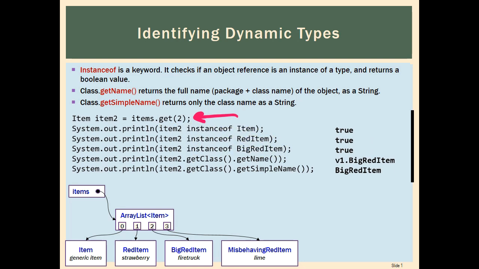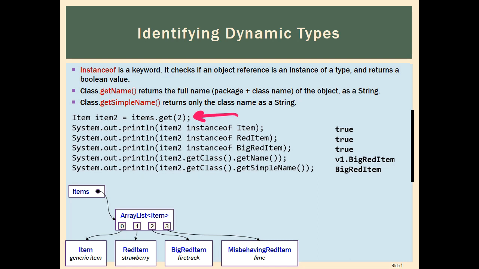Now what we're going to do is look at our big red item again, and we're going to use two different techniques. We're going to ask the item to get its class, and then we're going to get the name of the class. When we do that, we will see that the name of the class of this fire truck is v1.bigRedItem.